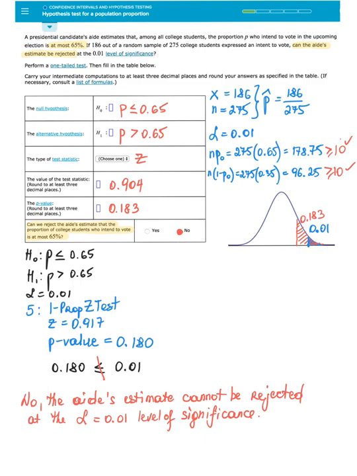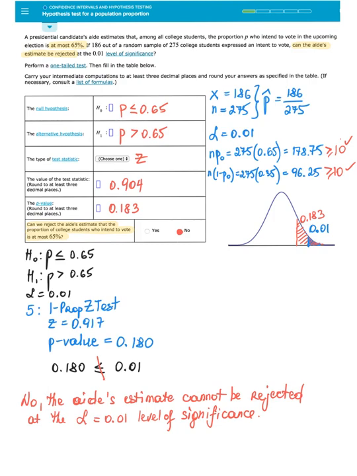Because we're told that 186 out of 275 college students, that's a ratio, a quantity we can convert into percents or a proportion of all college students. And again, one more indication: the actual word proportion P is listed. So there's no doubt this is a test regarding proportions.